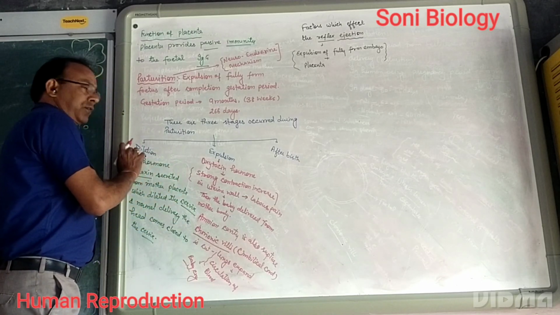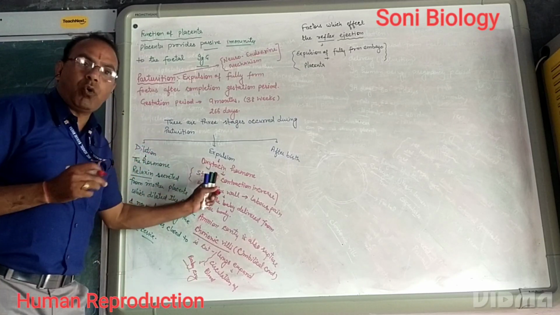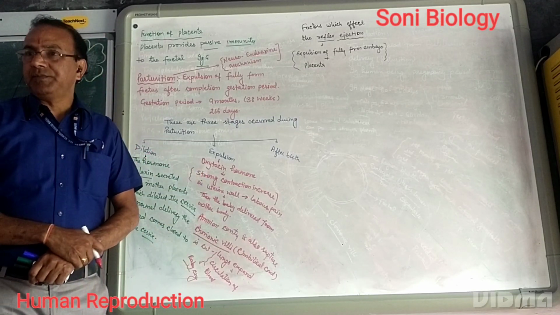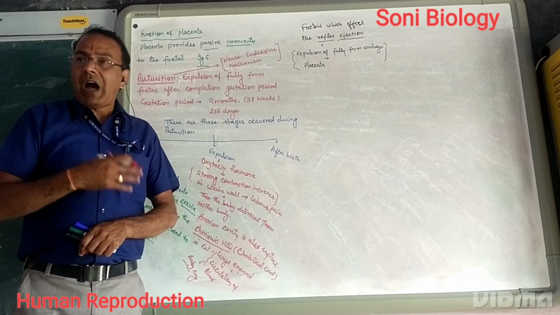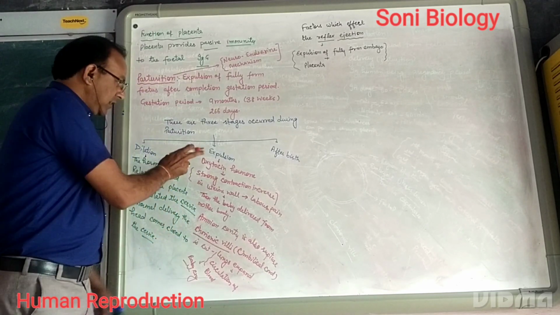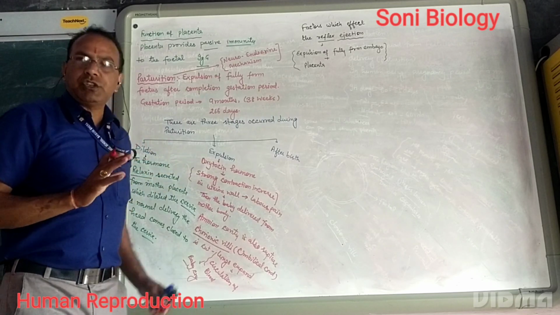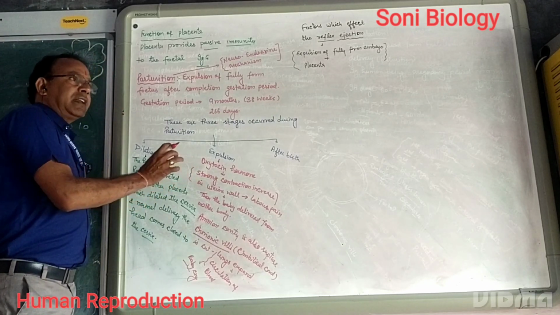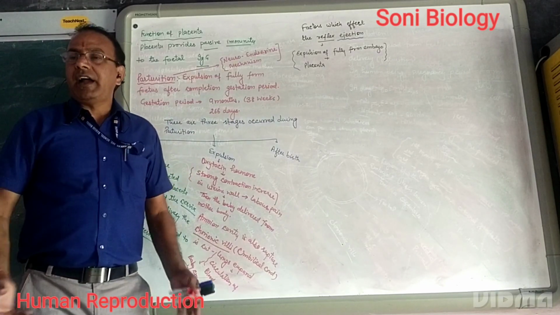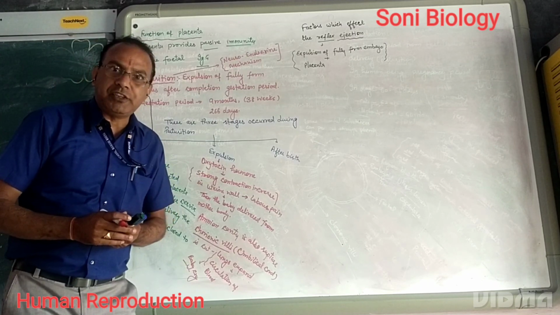Next one. If no dilation takes place, no oxytocin hormone is released, and the gestation period is fully completed, how can the baby be delivered? In this condition, if there is no relaxin hormone and no oxytocin hormone released, we can cut the stomach area and take out the baby with a surgical operation.